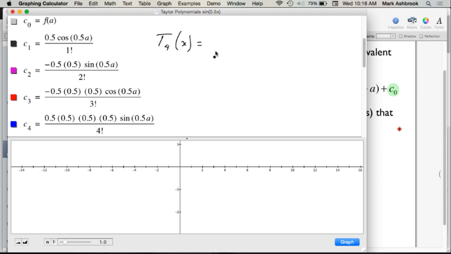I'm actually going to write it backwards from what we had before. What will the first thing we have be? I'm going to switch the order. So x minus 1 to the fourth times c sub 4. That's it, right? And now we know what c sub 4 is. C sub 4 is all this, right? And what else will we have in the fourth Taylor polynomial?